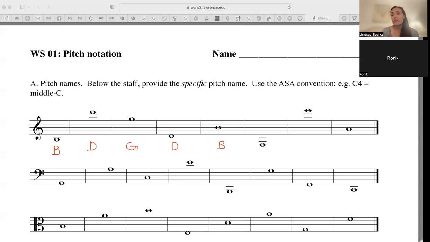So C4 for us is like 8 ledger lines up, because that's the fourth C that we have in the flute range. This B down here for flute would be B1. Oops, can't draw anymore. There we go. Right. This would be D3, et cetera, et cetera. This would be D1.